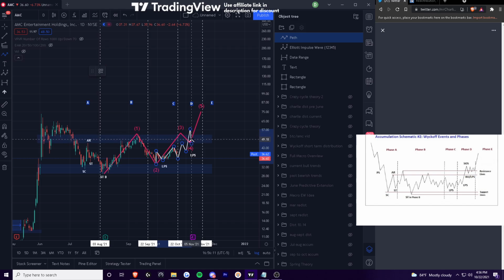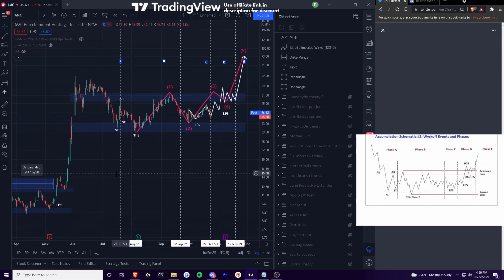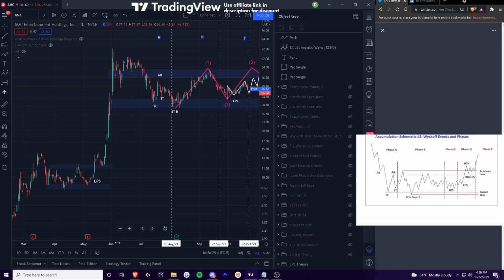We come back down, test that range again for our backup, and then we lift off. It does seem like it could work out. So let's do this back here.